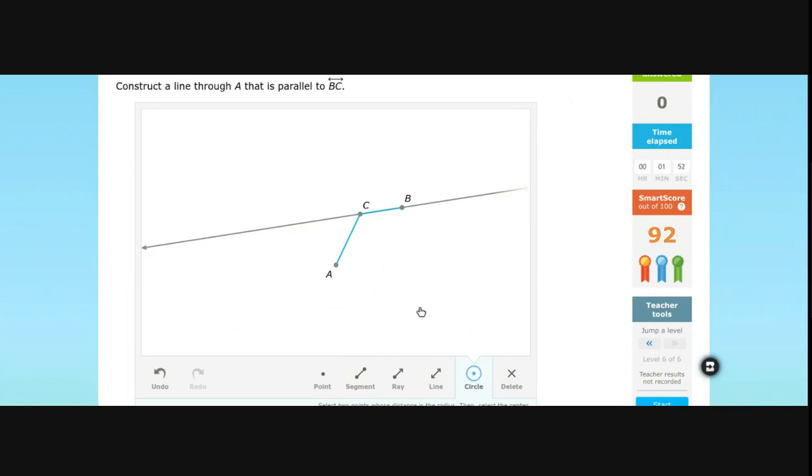So we can use a compass to measure the distance between points C and B, and then move that circle around point A. Doing this shows you the distance that you need from point A to the new point to have a parallel line. We'll do the same thing with the distance between C and A. Put that around point B, again showing you the distance that you need between point B and the new point.